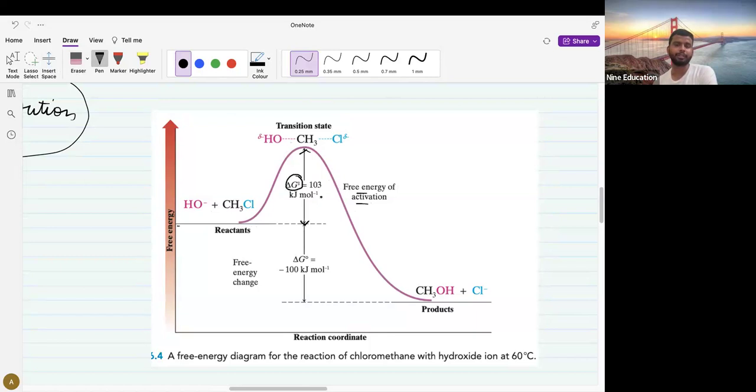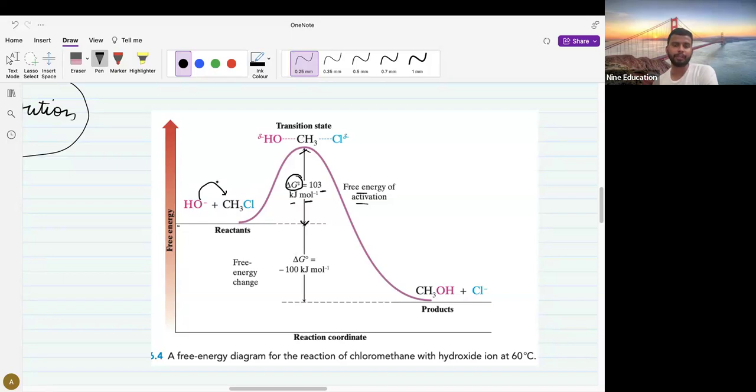It requires 103 kilojoule per mole of energy to convert this OH minus to CH3OH. And if it is going up to the transition state, you have to give energy.